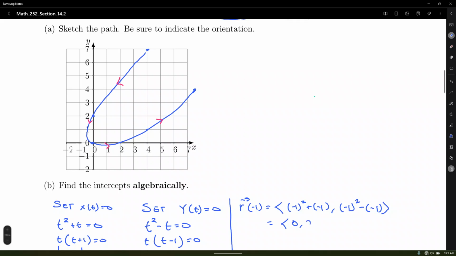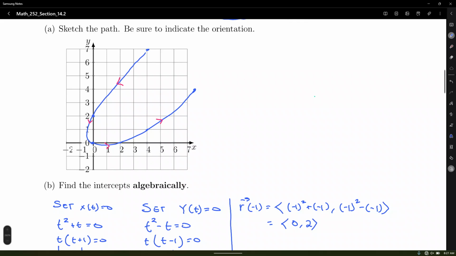But again, these are vectors, not ordered pairs. They're asking us to find the intercepts algebraically. Again, intercepts are ordered pairs or ordered triples, depending on if we're working in space or in the plane.